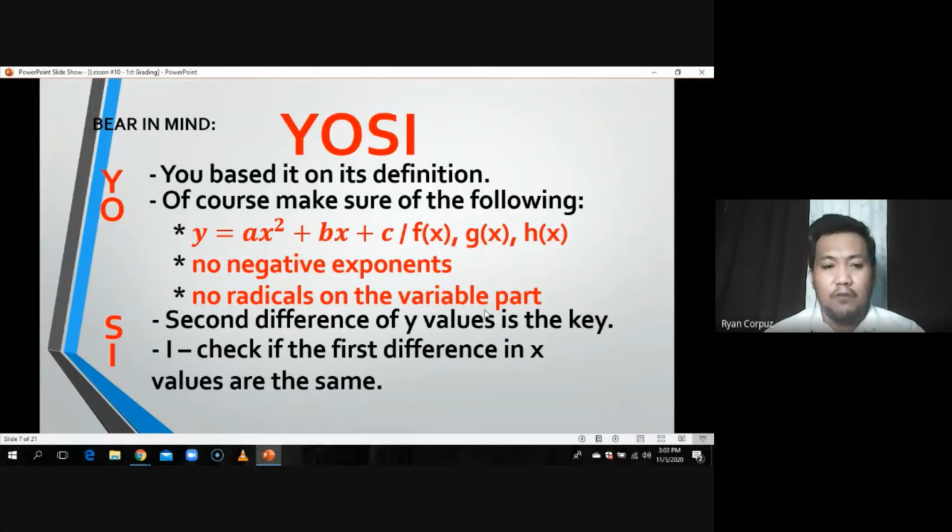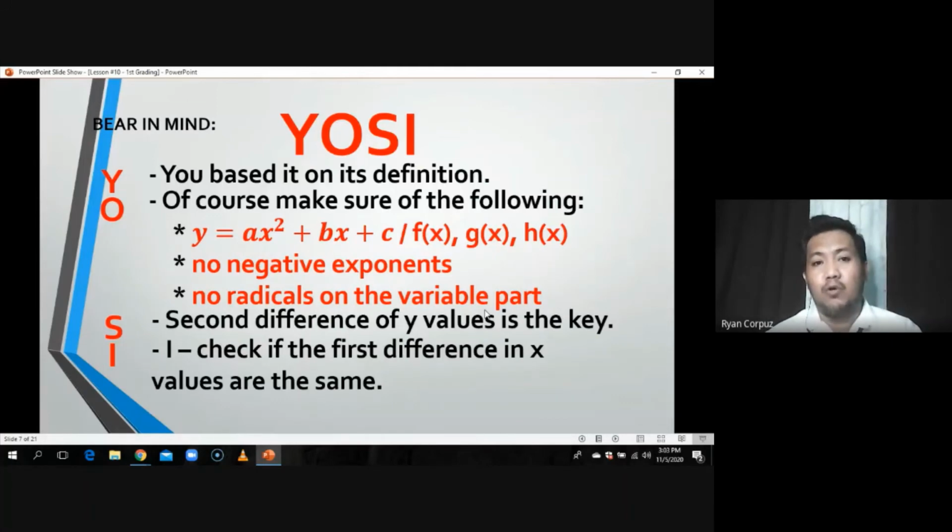So, just for checking, once we have found out that our second difference is already equal, we have to check if the first differences are also the same. If they are the same, then we can really be sure that the given equation is a quadratic function. So these are the things that we have to bear in mind in order to determine if a given equation is a quadratic function or not.